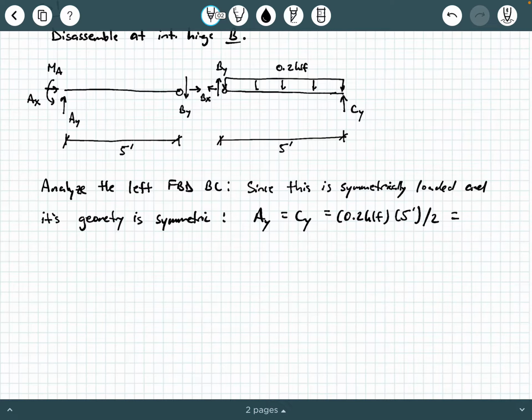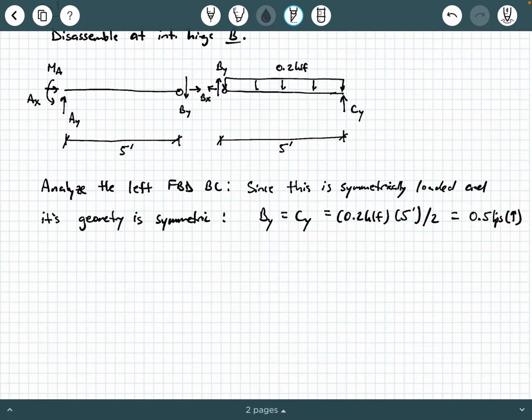And so when we do that, we clearly get 0.5 kips reacting up for, I'm sorry, not AY, that's supposed to be BY. Points to you if you caught that. BY equals CY equals 0.5 kips reacting up.